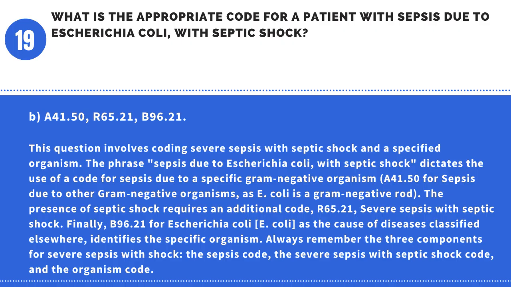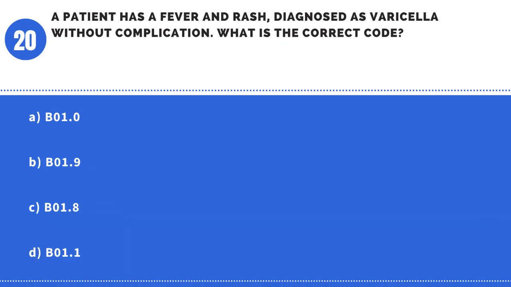The presence of septic shock requires an additional code, R65.21, severe sepsis with septic shock. Finally, B96.21 for Escherichia coli, as the cause of diseases classified elsewhere, identifies the specific organism. Always remember the three components for severe sepsis with shock: the sepsis code, the severe sepsis with septic shock code, and the organism code.